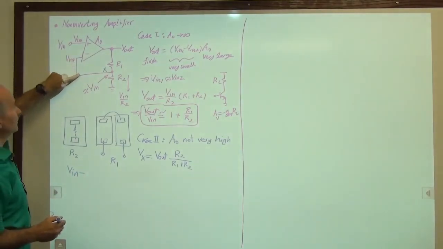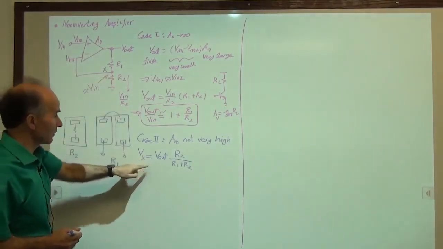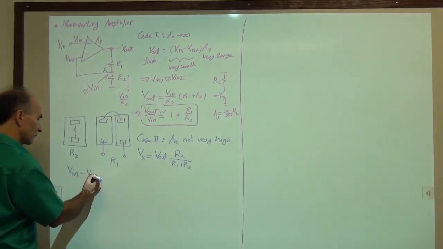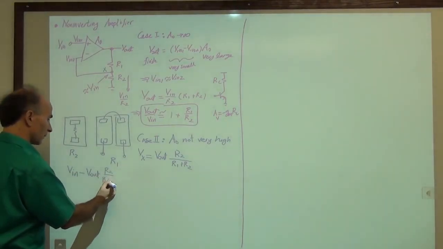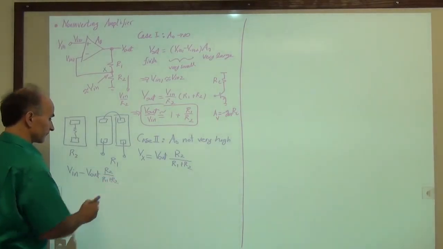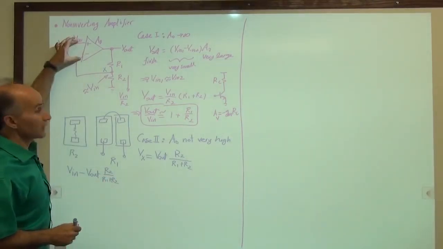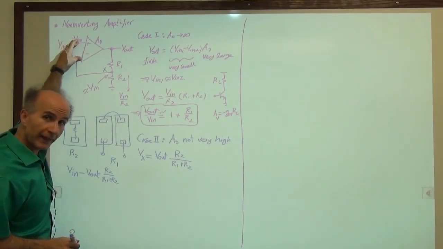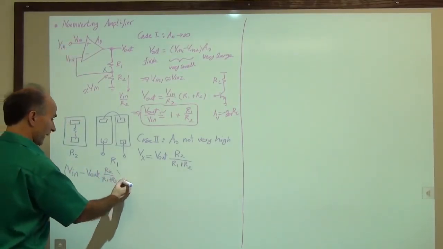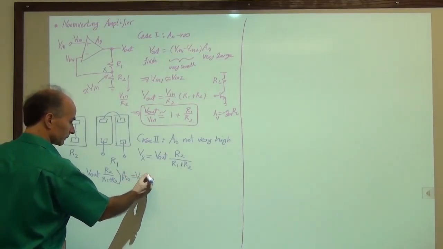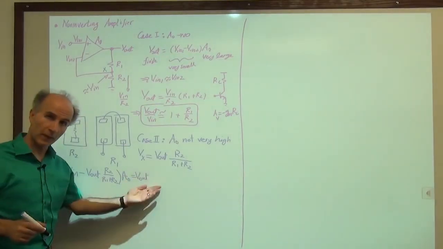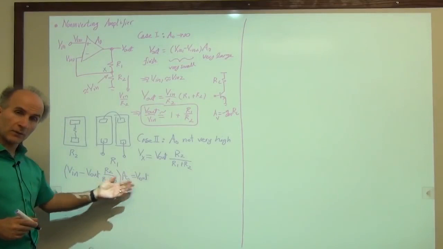How much is this value? This is Vx, what we just found, so Vout times R2 over R1 plus R2. The op-amp takes the difference between these, multiplies it by A0, and generates the output, Vout. So now we have one equation in terms of Vout and Vin.